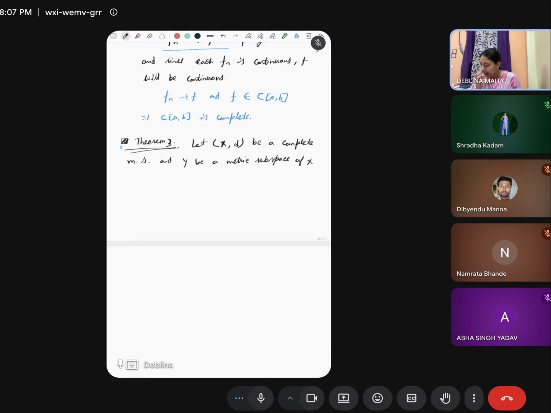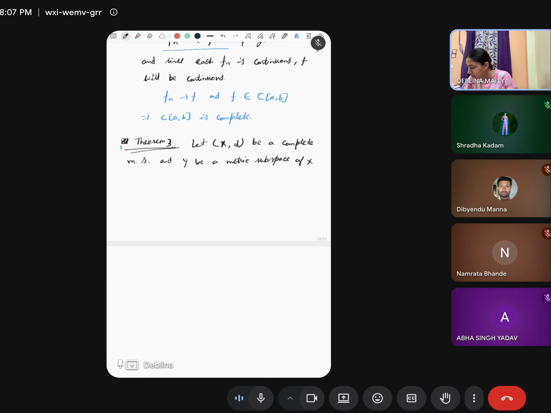Okay. Now when will Y be complete, right? Now every subspace is not complete. Okay, because R was complete and the interval open 0, closed 1 was not complete, right?